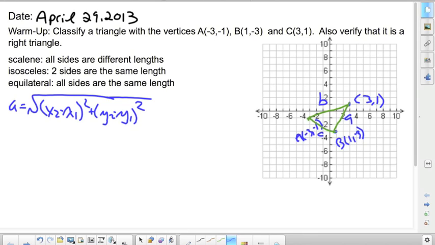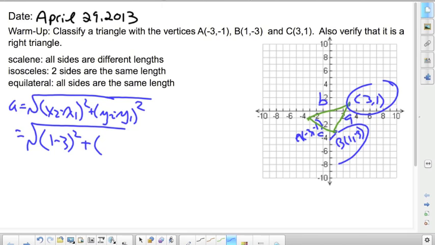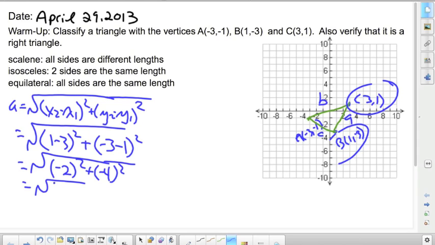That's our length formula. When we're doing length, we want the distance between the two points, so we need to subtract our coordinates. So I'll do 1 minus 3 quantity squared plus -3 minus 1 quantity squared. So we get -2 squared plus -4 squared, which gives me 4 plus 16, which is the square root of 20.